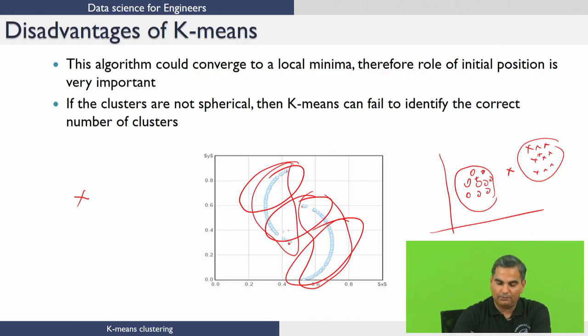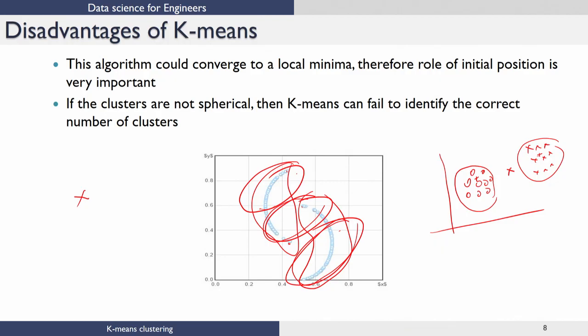If these happen to be 2 different classes, in an unsupervised fashion the k-means algorithm might say all of this belongs to one class, all of this belongs to another class, and all of this belongs to another class. So, these kinds of issues could be there. Of course, as I said before, there are other clustering algorithms which will quite easily handle data organized like this, but if you were thinking about k-means, then these are some of the things to think about.